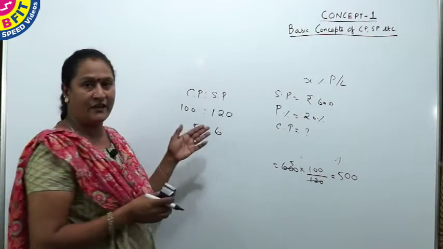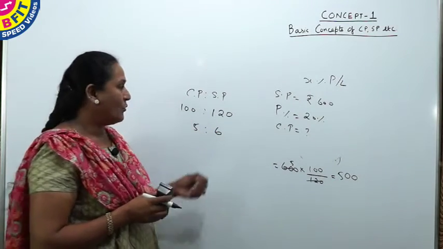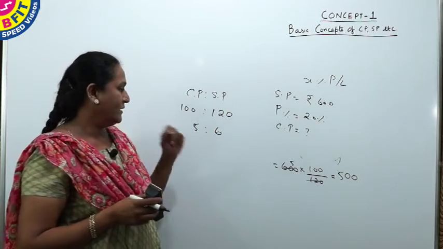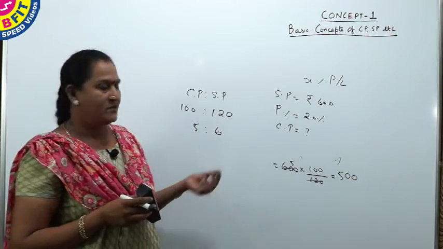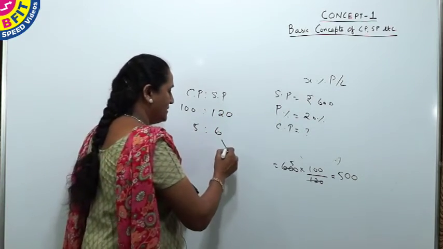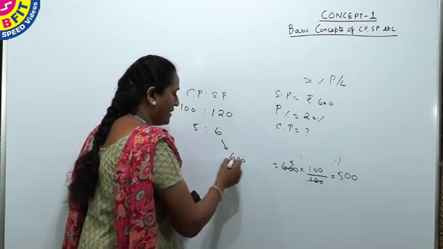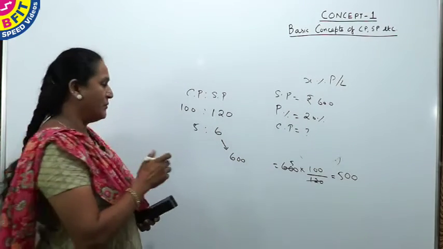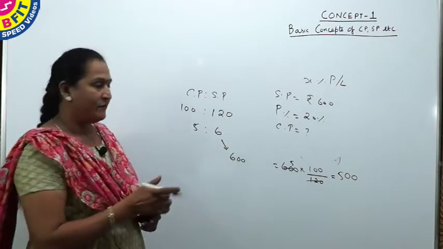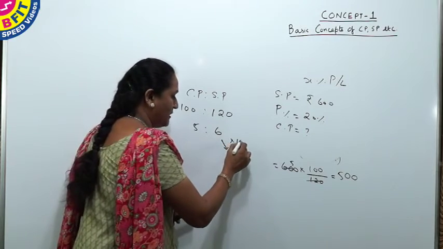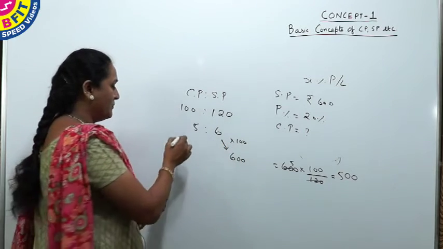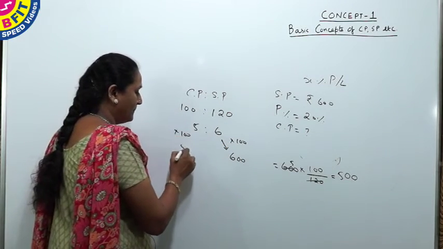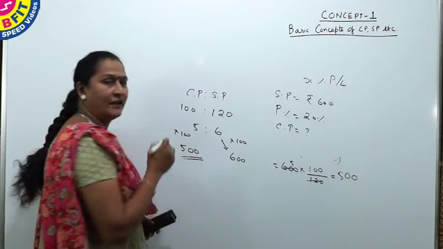After simplifying, we get 5:6. Now what is given? Selling price is given. How many parts is selling price? 6 parts. So 6 parts is 600. And we need how many parts? 5 parts. We got this by multiplying it with 100, the same 100 you multiply. The cost price is 500.